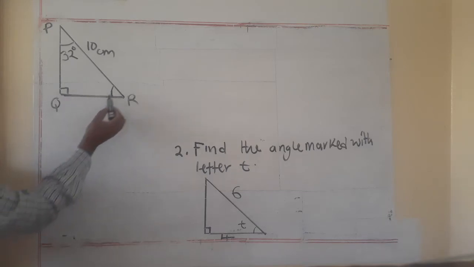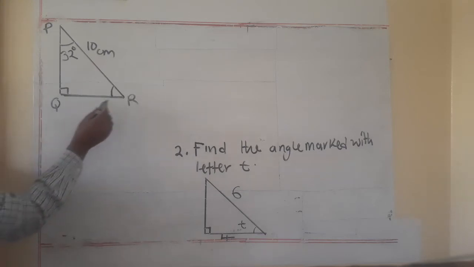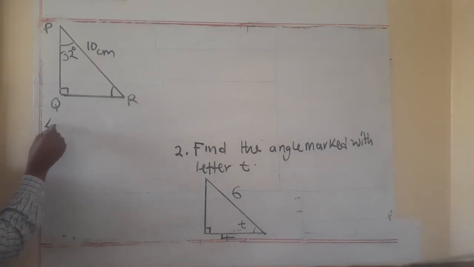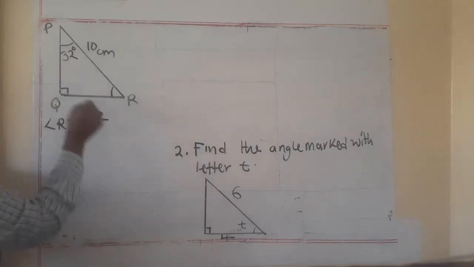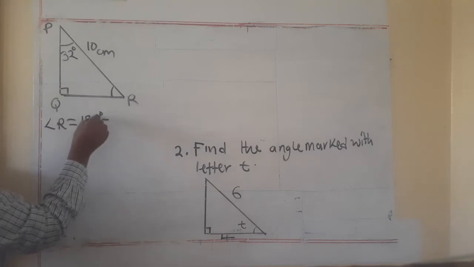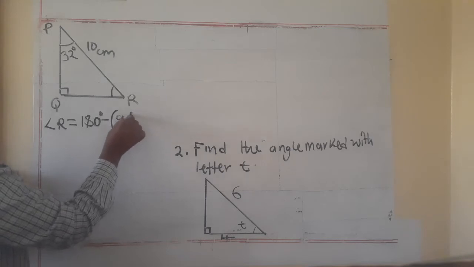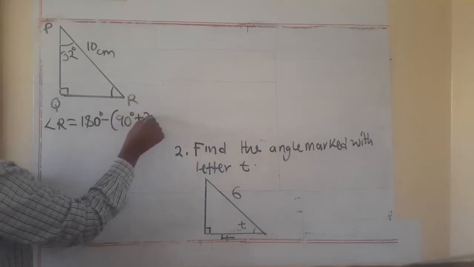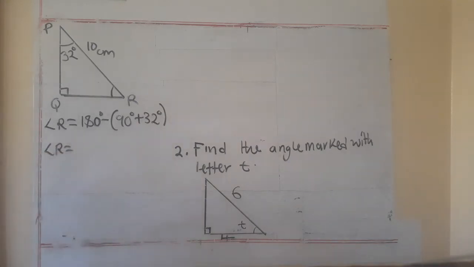Okay? Now to find this angle R, you agree with me that angles in a triangle add up to 180. Meaning that to find this one, we are going to say angle R is equal to 180 degrees minus the sum of these two. That is 90 degrees plus 32 degrees. So angle R is equal to, you can get your calculator and do it direct here.